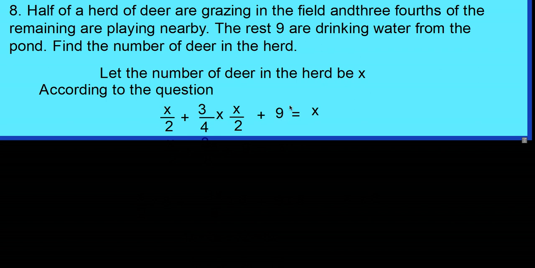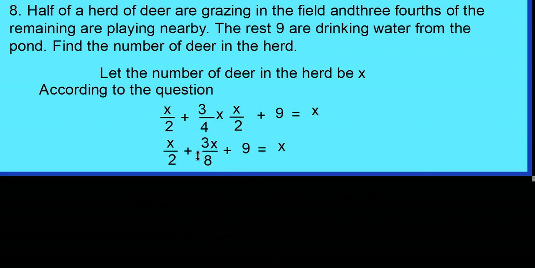This total represents x. So this is the condition. Now 3 by 4 into x by 2: 3 into x is 3x, 4 into 2 is 8. So you can write it as x by 2 plus 3x by 8 plus 9 is equal to x.